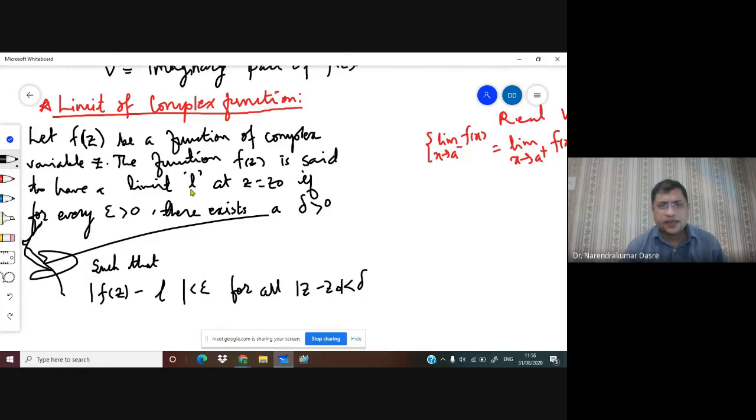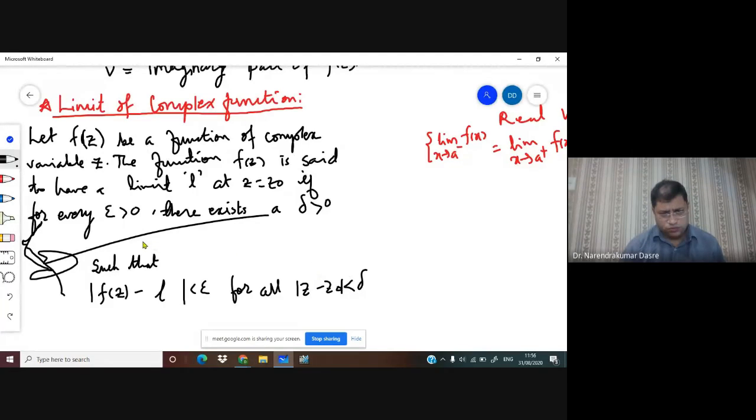Because L we are considering to be the limit. So whenever the distance between z minus z0 is less than delta, the distance between f of z and L is less than epsilon.